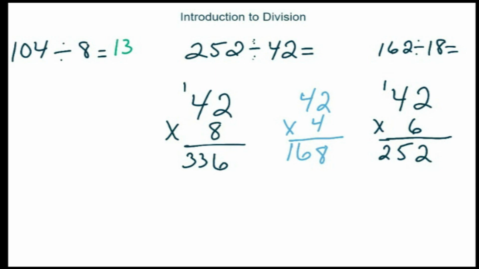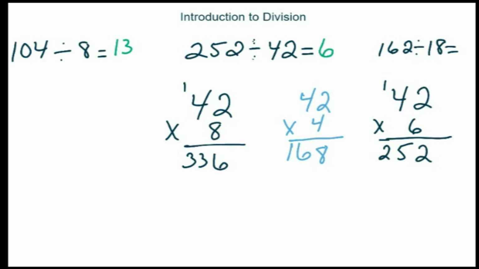So 6 is the number we're looking for. Six is our answer. Multiplying 6 by 42 gave us 252. That means that 6 is the answer to this division problem. 252 divided by 42 equals 6. 42 goes into 252 6 times.